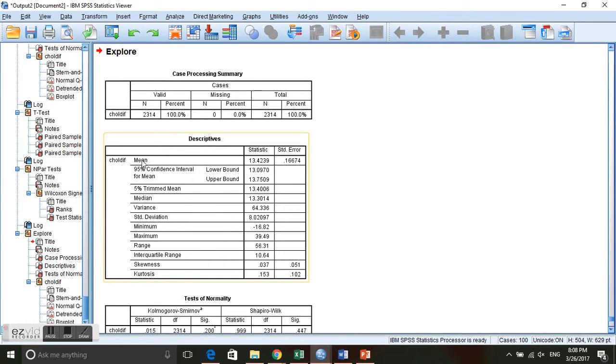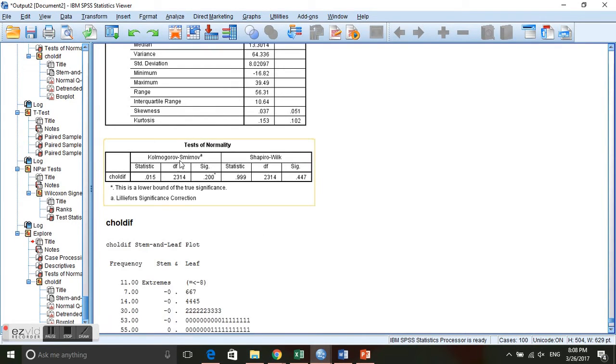So check the mean, 13.4, median, 13.3, skewness, very low, kurtosis, very low. It looks normal. Now we can check the test for normality. Our sample size is big, so we will look at the Kolmogorov-Smirnov. The p-value is 0.2, which is greater than 0.05, so we can say that it does follow a normal distribution.